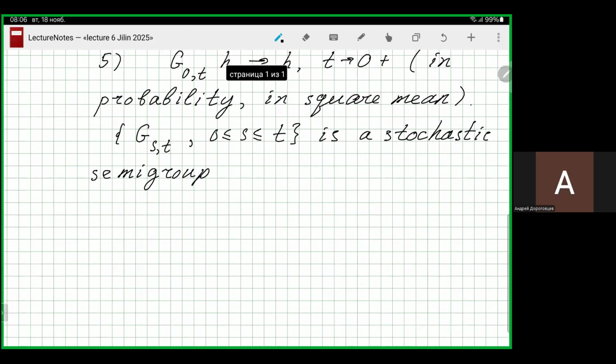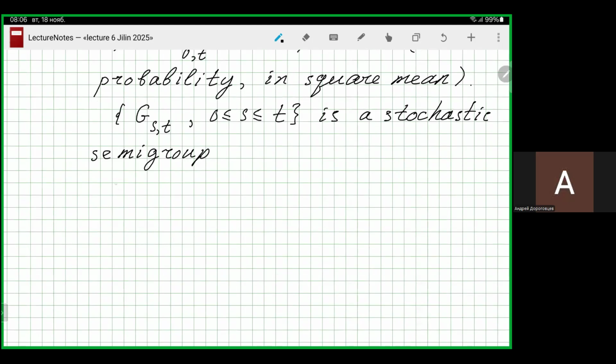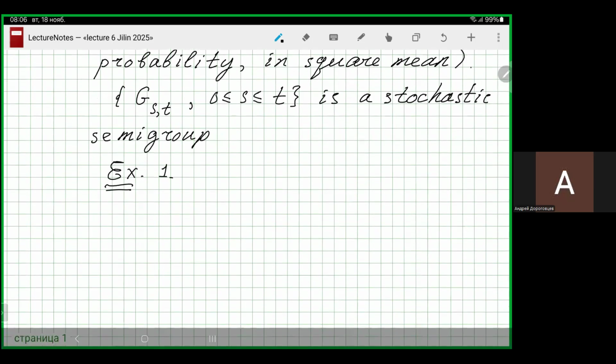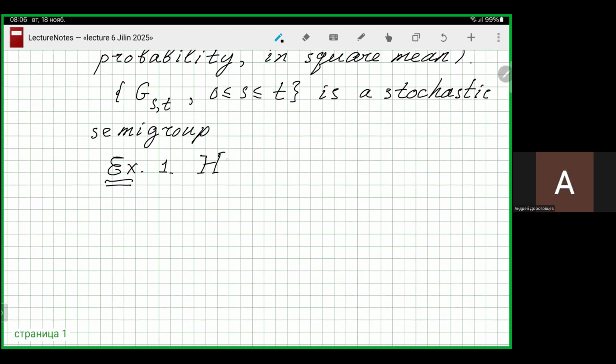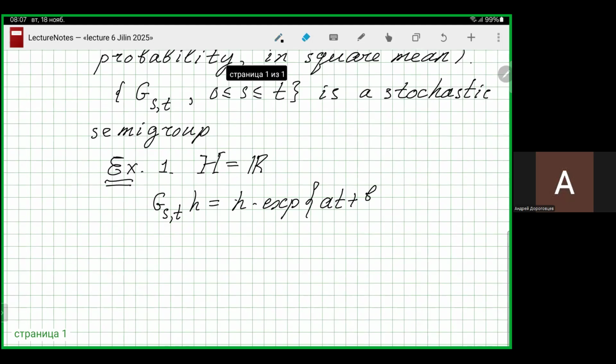Last time we discussed a trivial example, when H is equal to the real line and J_{ST} h is equal to h multiplying the exponent of (A minus B square over 2)T plus B W_T.